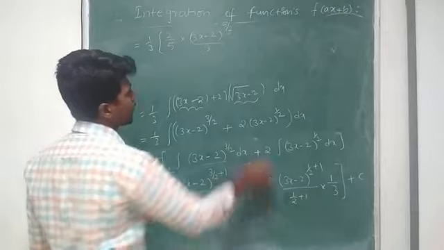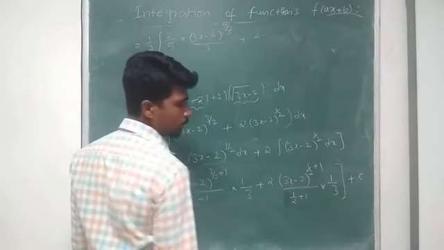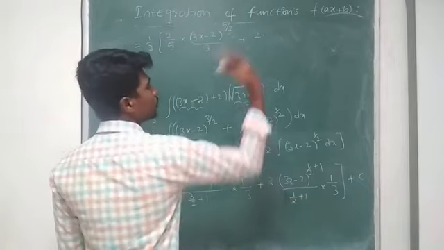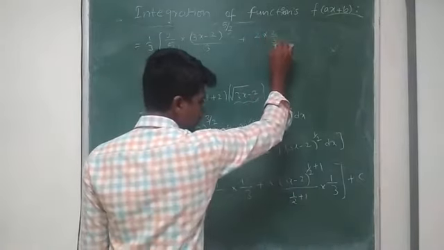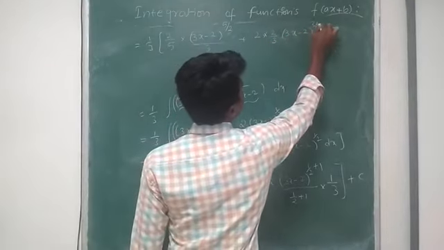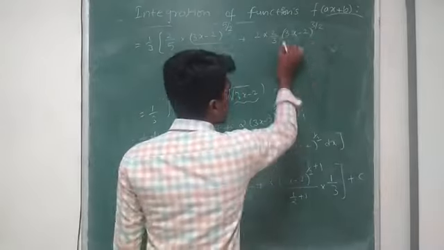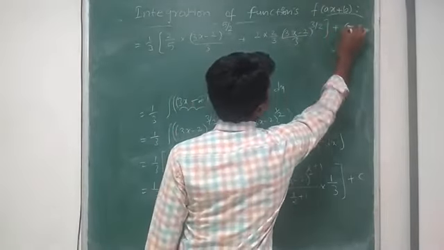Plus 2 into 1 by 2 plus 1, which is 3 by 2. So it goes to the numerator and becomes 2 by 3 into (3x − 2)^(3/2), again by 3, plus c.